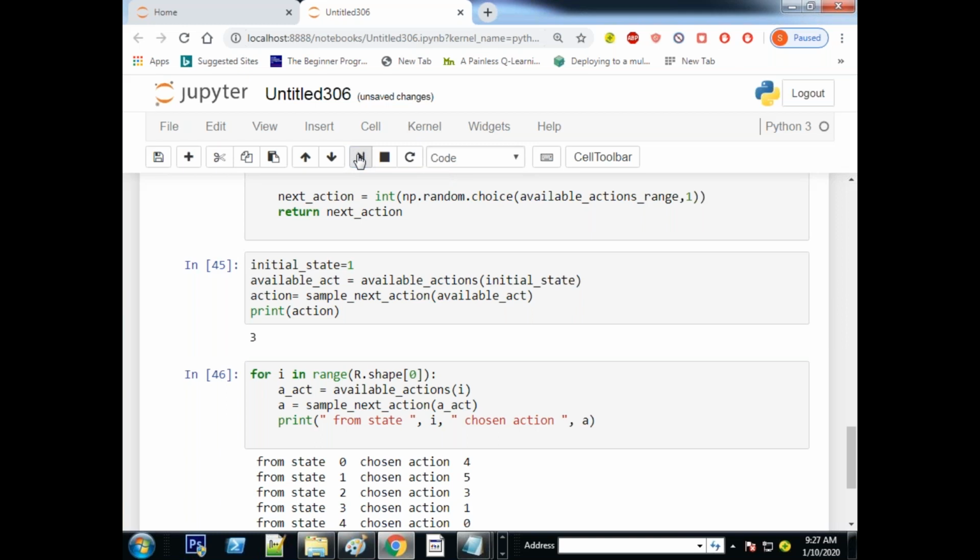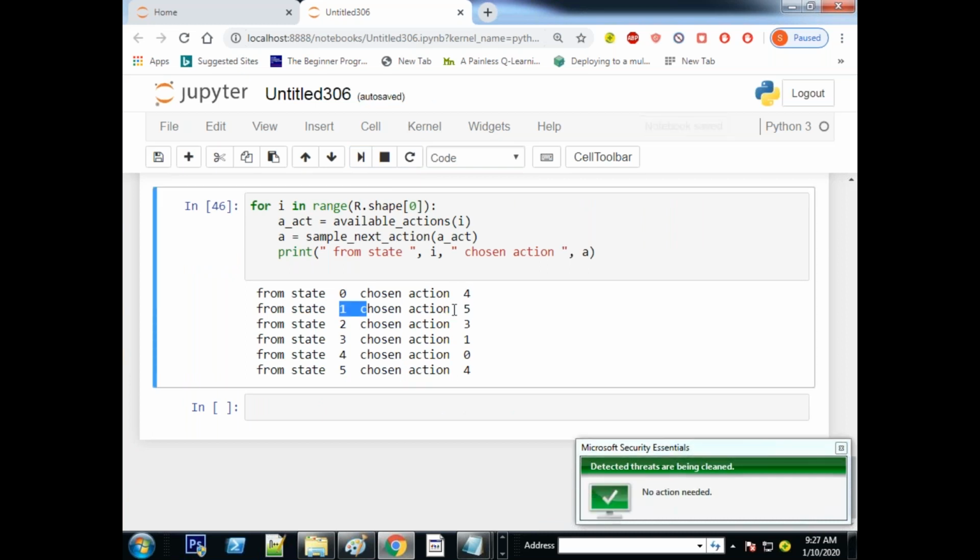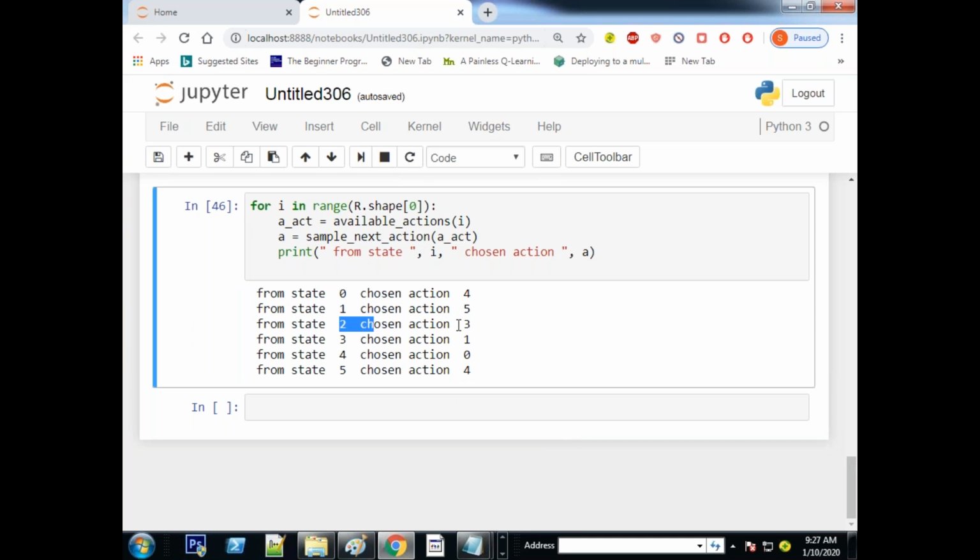Now check this for loop. If you are in 0, only one possible, that is 4 only. If it is 1, 3, 5 possible. Selected 5. If it is 2, only 3. If it is 3, 1, 4, 5 possible, it selected number 1. Number 4, 0, 3, 5 possible, it selected 0.